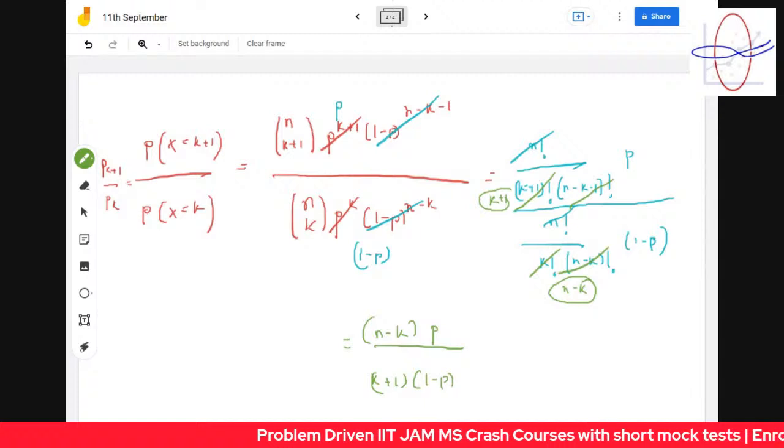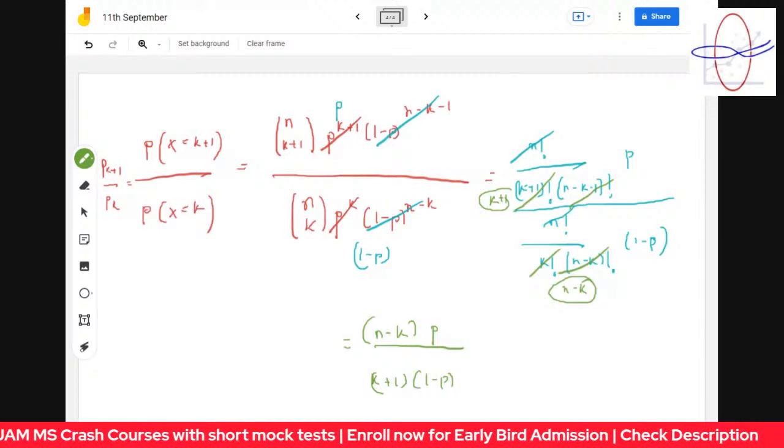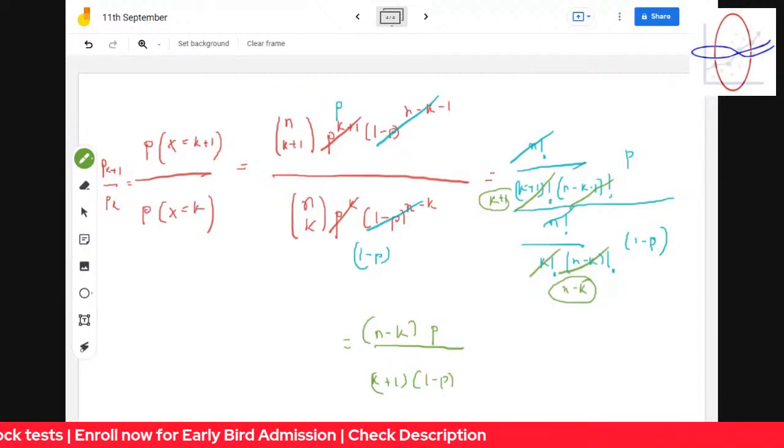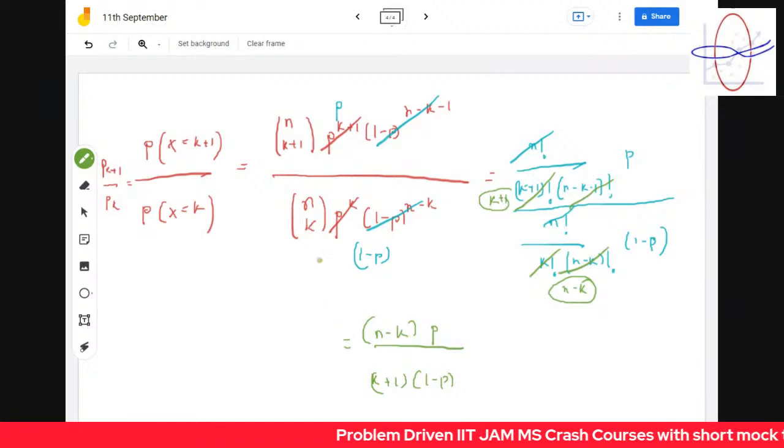So let's try to understand this now: when this number is getting larger and when this number is getting smaller.